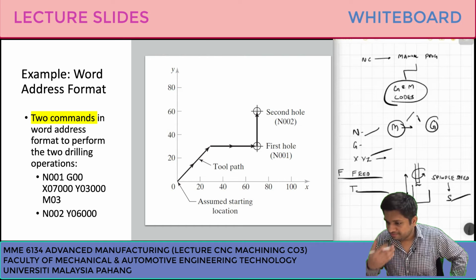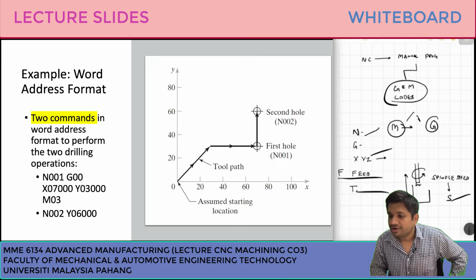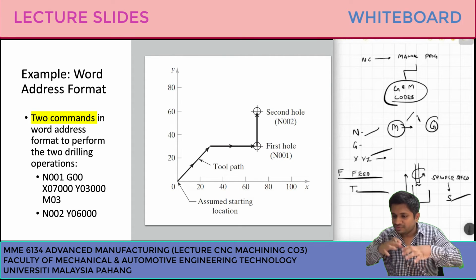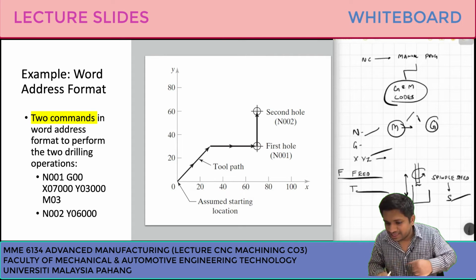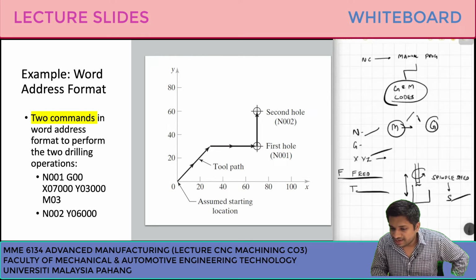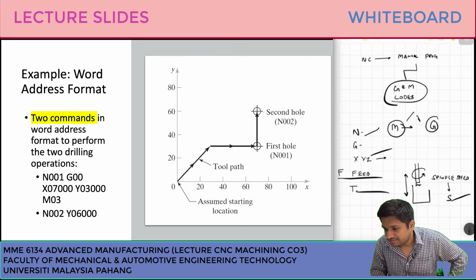So G is a preparatory command. Then X and Y is a command for position. After we have prepared, we need to go somewhere, so we position ourselves at that place. And then we have M03. M03 means you need to start the spindle, etc. So these are the word address formats which are used in CNC programming.